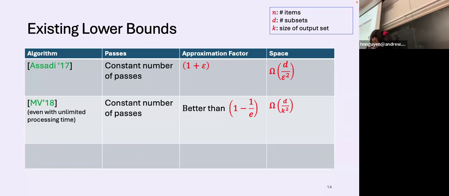This means that the previous work is, for constant K, basically optimal. And the BM paper says that if you have some multipass algorithm and you want a 1/2 plus epsilon approximation, you need omega D total space over all passes.